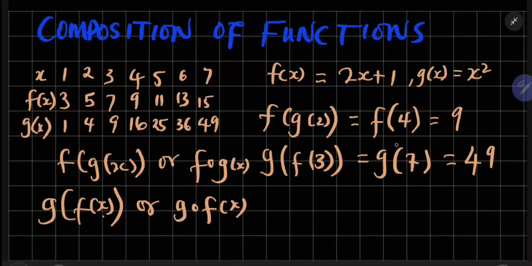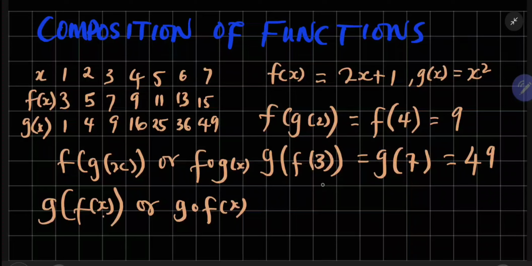So sometimes instead of giving us a value in here, for example, we can resolve f of g of 2 by simply finding f of g of x and making 2 an input.